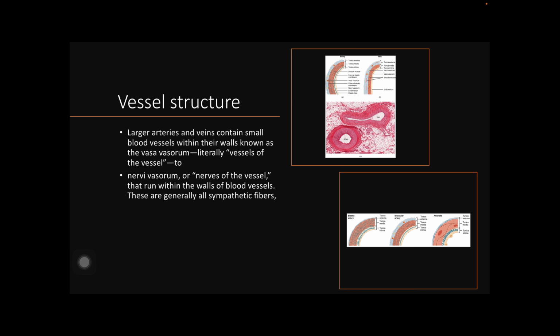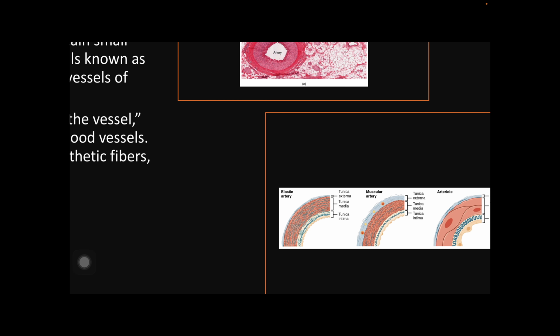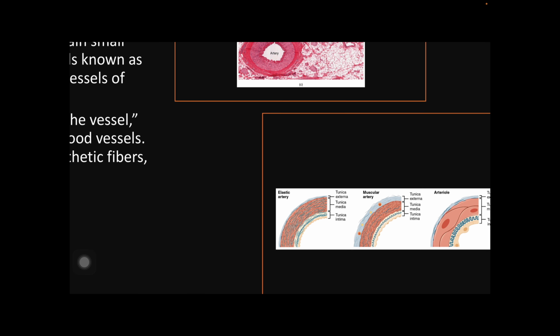All right. Last little bit of this is talking about the vessel anatomy and some of the different types of capillaries that we have. So the basic vessel structure is we have three different layers. And so in arteries, we have a different structure compared to a vein.